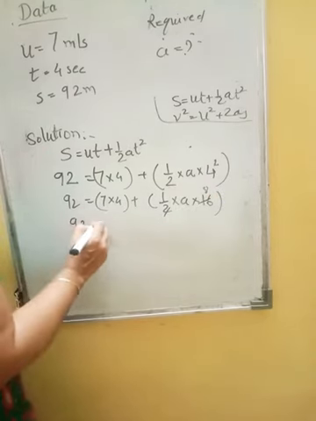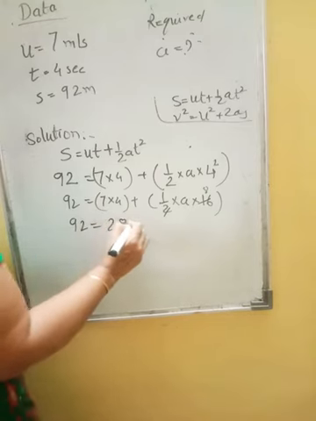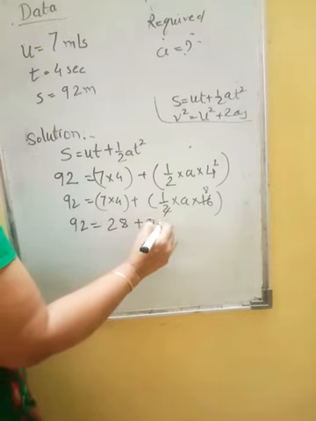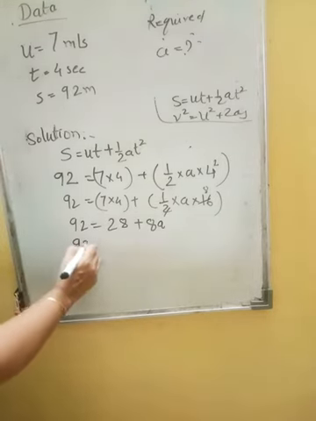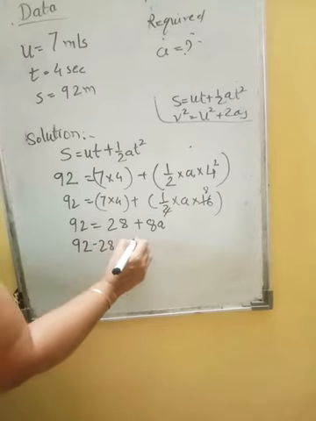So 92 is equal to 28 plus 8a. So 92 minus 28 is equal to 8a.